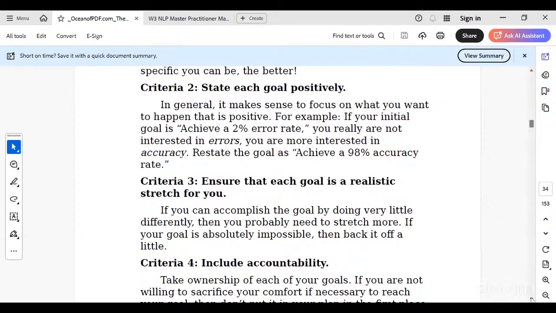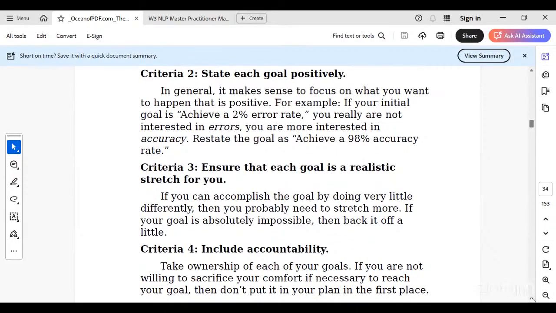Then every goal needs to be a realistic stretch. We'll have to see in reality what you have been doing so far. Say I haven't even been reading one book, then I cannot suddenly say 10 books in a week. I'll have to say at least 1 or 2 books in a week, and then gradually increase, seeing the pace.